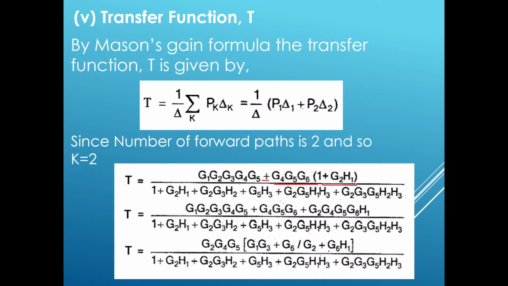So T is equal to 1 by delta into P1 into delta 1 plus P2 into delta 2. If anyone wants me to repeat this concept, I will repeat, or I will go to the next numerical problem.